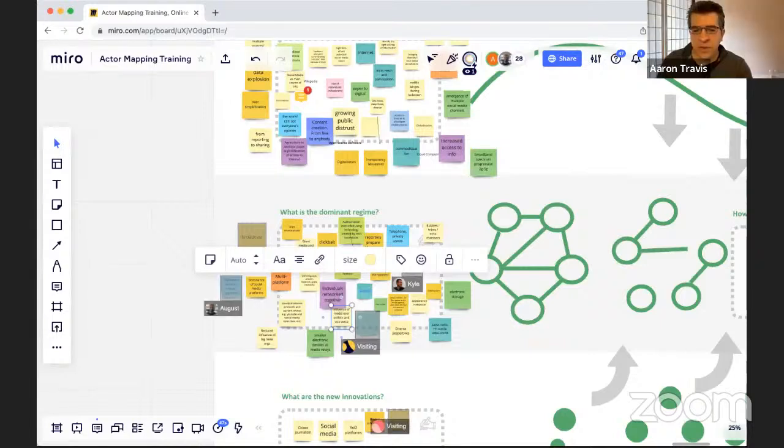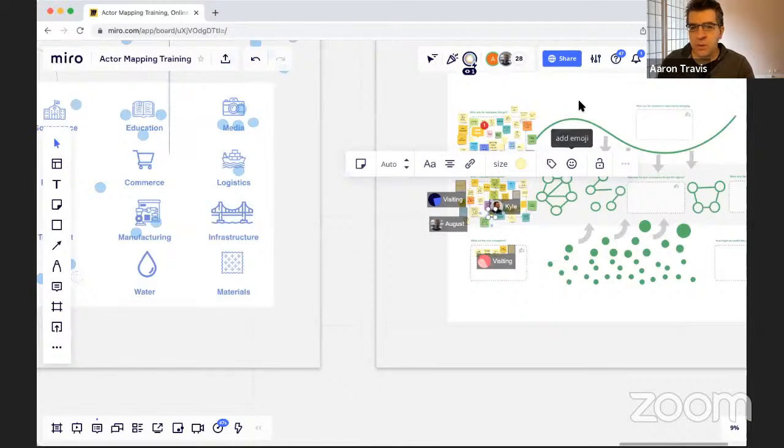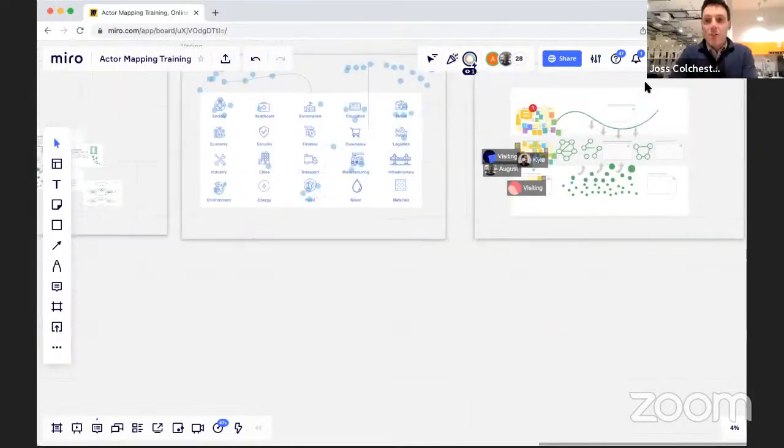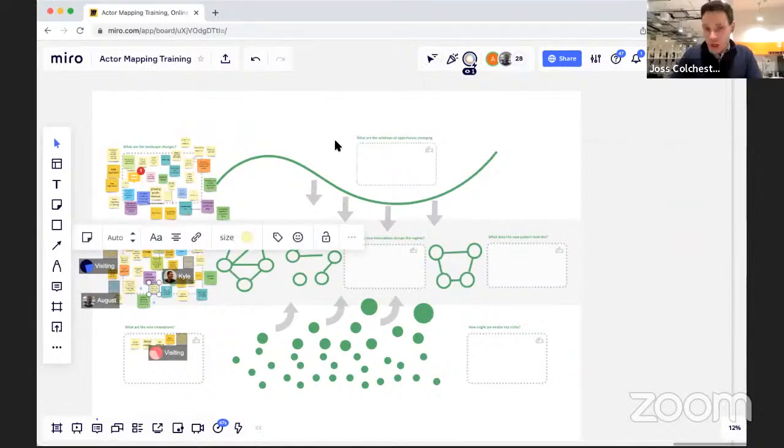Hey, Joss, for the dominant regime, are you talking about the prior big media era, or this moment? What is the dominant regime at this point in time? Yeah. So systems change when there's a big change in the environment, right?